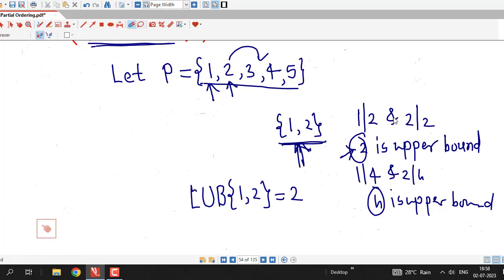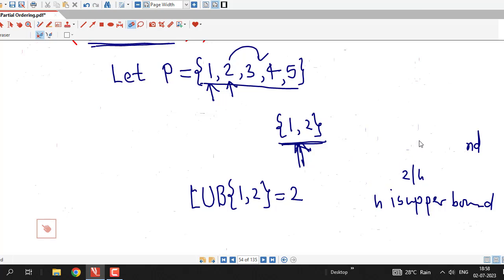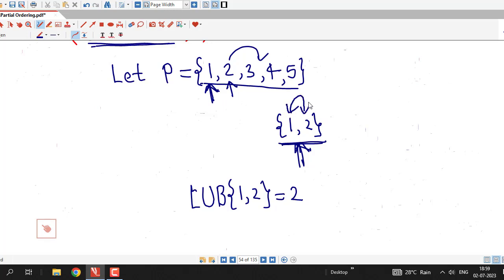Similarly, I have to decide the lower bounds and then the greatest lower bound. The greatest lower bound is the greatest element out of all those lower bounds. Now for lower bound, we have to decide which element of P is related to every element of this set. If we take 1, then 1 divides 1 as well as 1 divides 2.